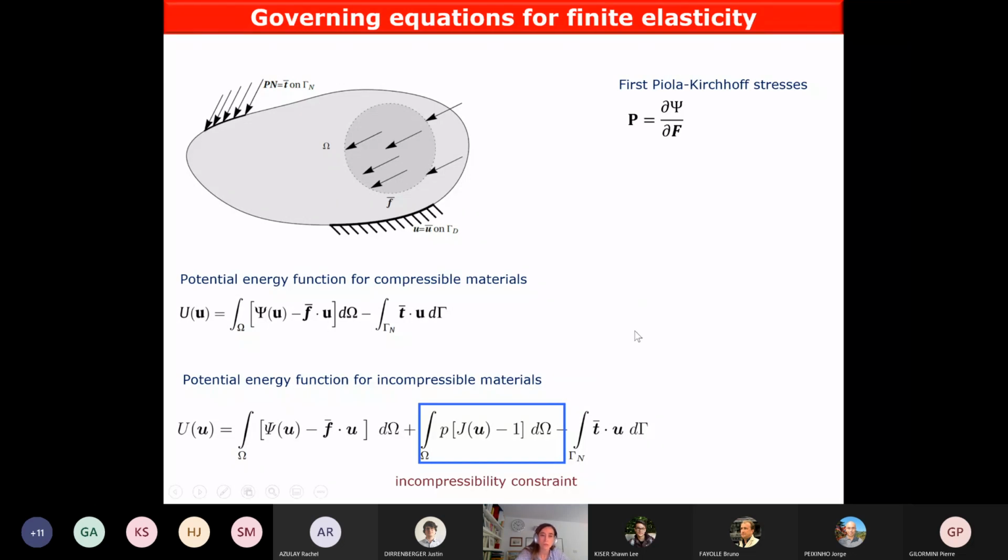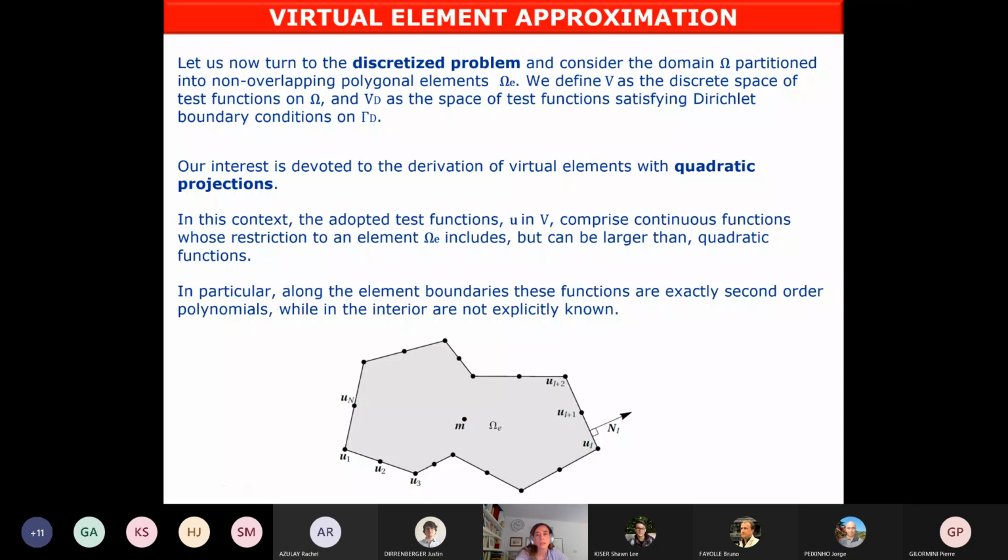Let us turn now to the discretized problem. So imagine that the domain omega is partitioned into non-overlapping elements. In this case, we can use polygonal elements with general shape. And we define on omega, in this domain, V as the space of the ansatz, the discrete space of the test functions.